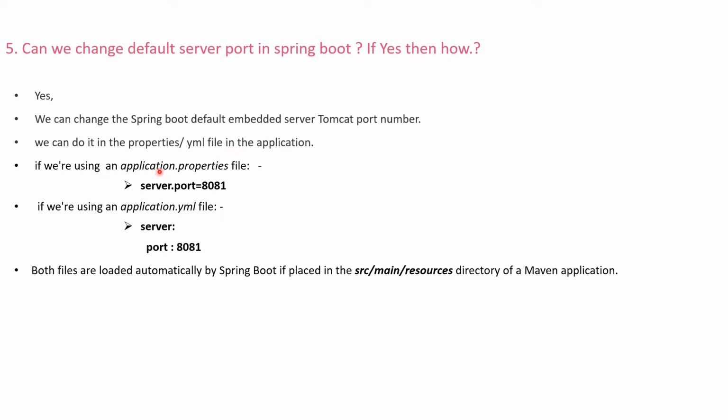If you are using the application.properties file, then server.port equals whatever port number you want, here I am giving 8081. If you are using the YAML file, we will have a hierarchy structure like this, whereas in the properties files it will be with dots.